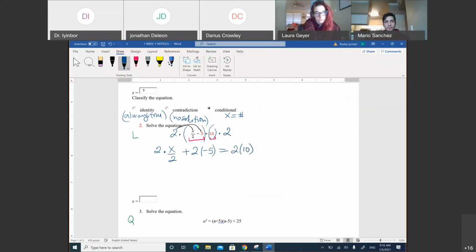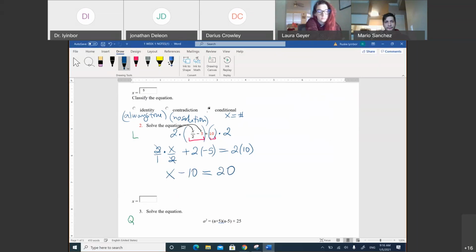Now, 2 times x over 2, this is 2 over 1 technically. So 2 up and 2 down cancel. That was the idea, to cancel the 2 on the bottom, to get no more fractions. So when 2 and 2 cancel, we get x. Now 2 times negative 5 is negative 10, equals 2 times 10, which is 20.